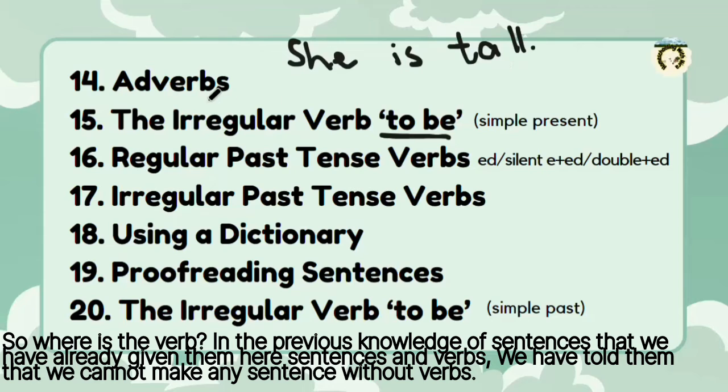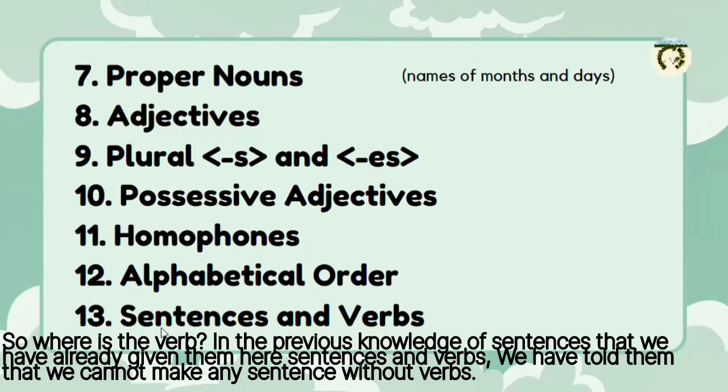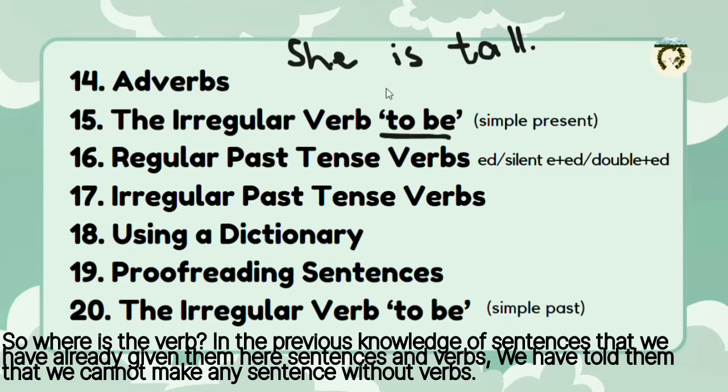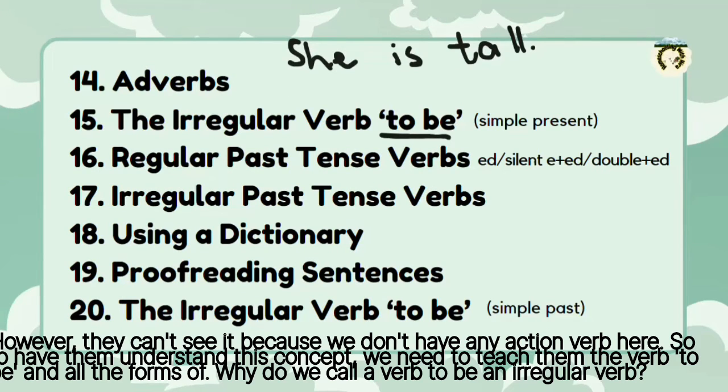And in the previous knowledge of sentences that we have already given them, sentences and verbs, we have told them that we cannot make any sentence without verbs. Okay? So, here we need to have a verb. However, they can't see it because we don't have any action verb here. So, to help them understand this concept, we need to teach them the verb to be and all the forms of it.